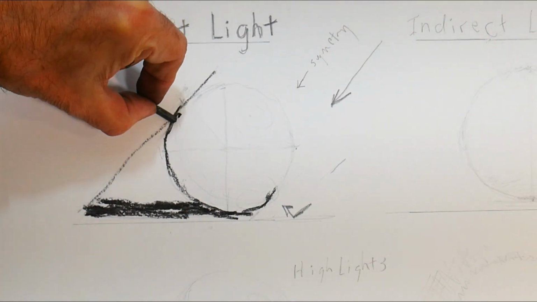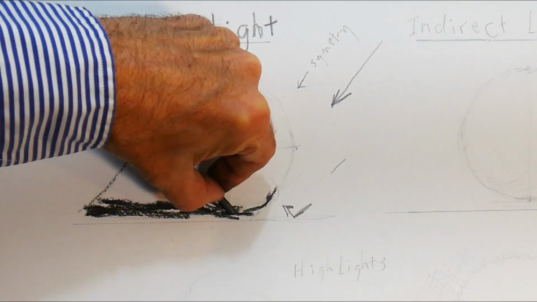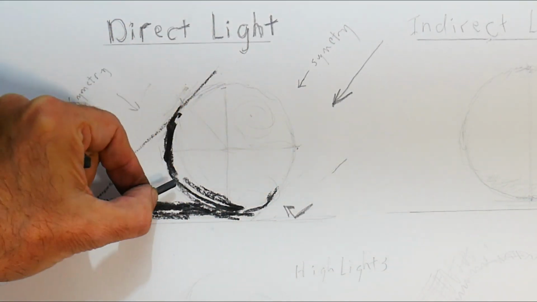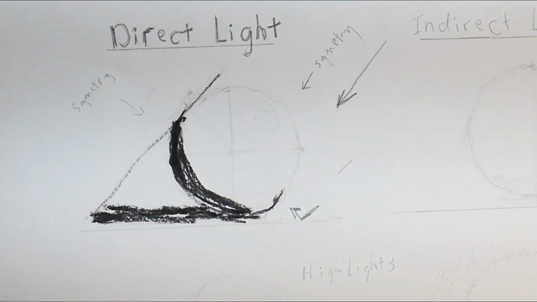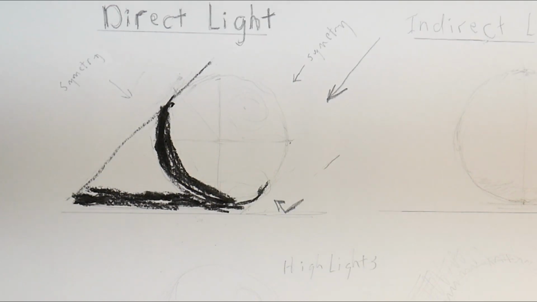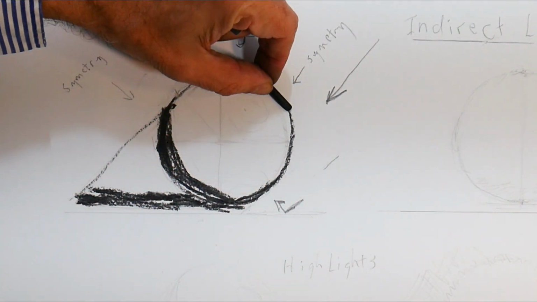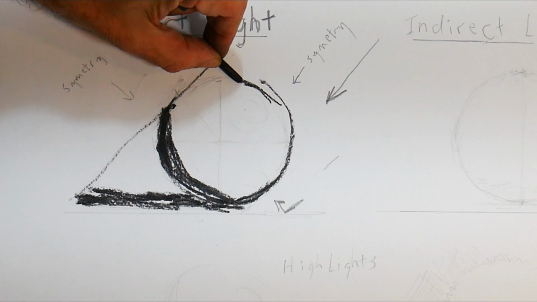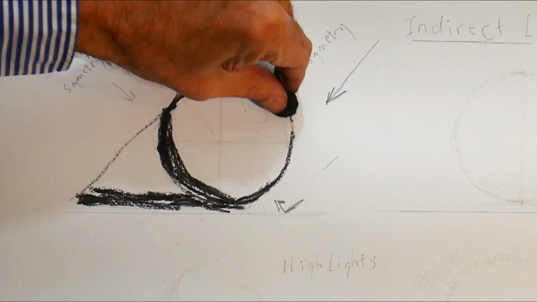And then we have this little quarter, eighth moon of darkness right under here. So this is our ball overall. And let's see if we can fix some of this stuff.